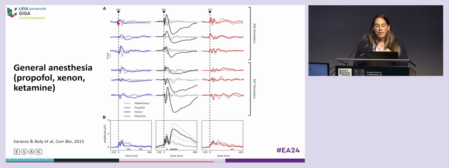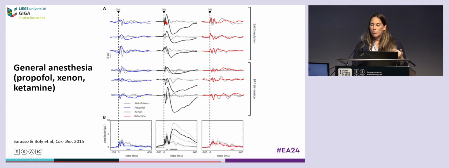What you see here is that in any case, when you stimulate, you do have a response of the brain, but this response is very small, it's local, and it's very quick. After a certain time, here maybe 100 milliseconds, you don't have any response. So if we link that to the theory, we see that there's a loss of integration that prevents someone from being conscious under general anesthesia.